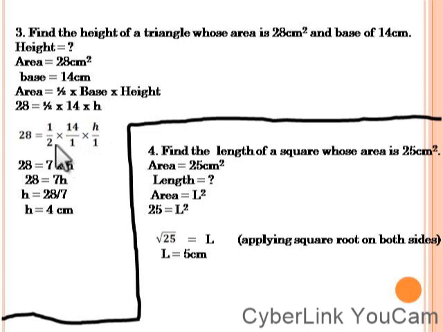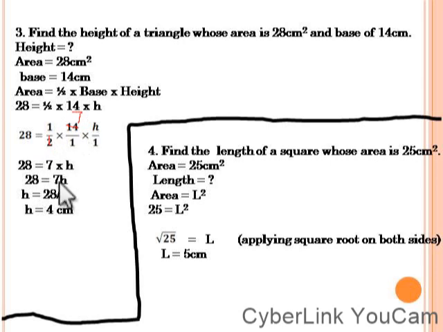So let's cancel as much as we can. The 2 dividing 14 gives us 7, so we are now having 7 and h remaining. So we have 28 is equal to 1 times 7, which gives us 7, times h, which gives us 7h.